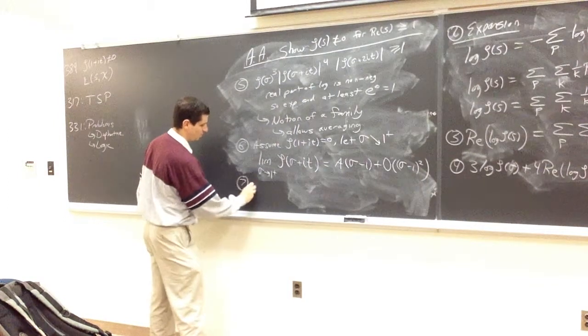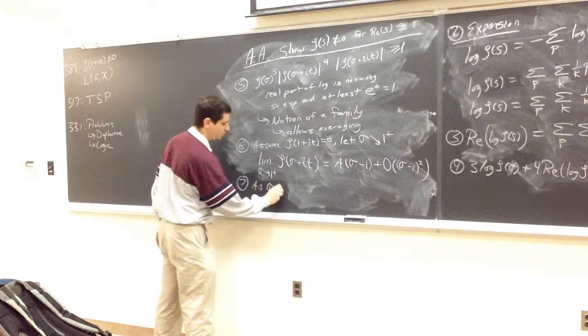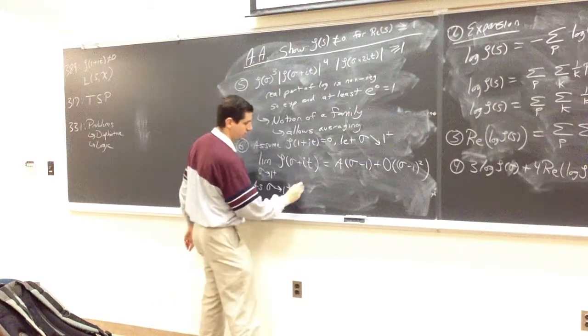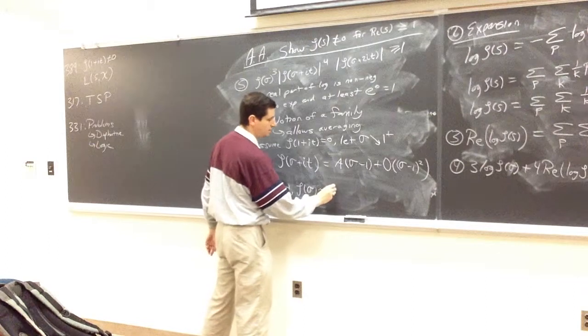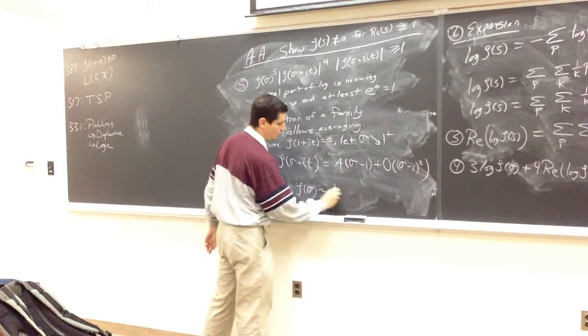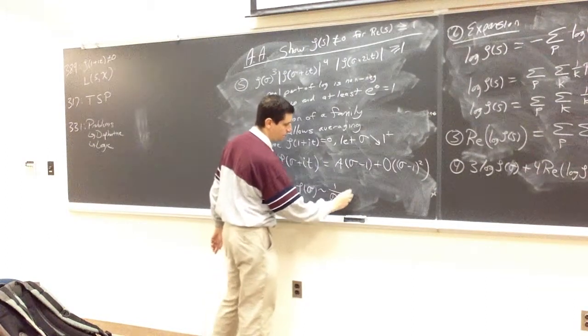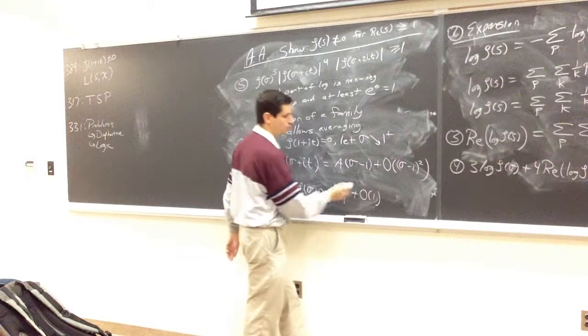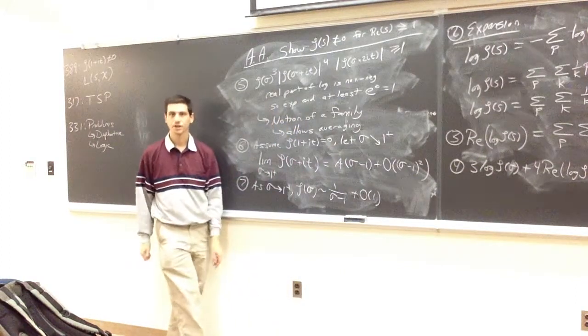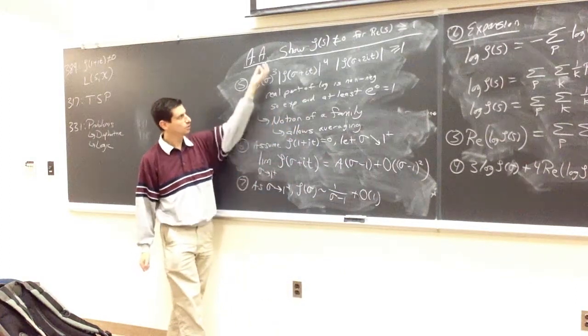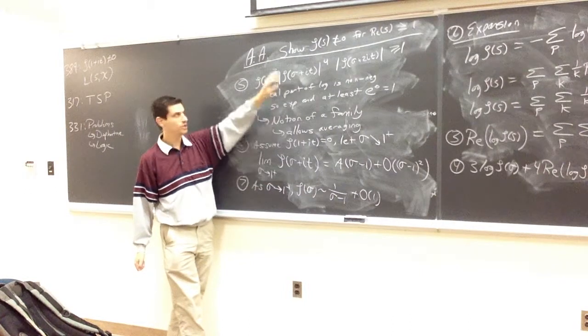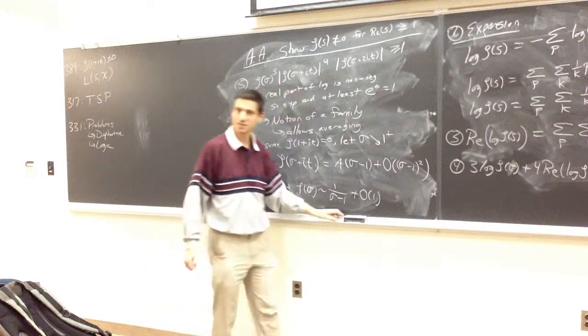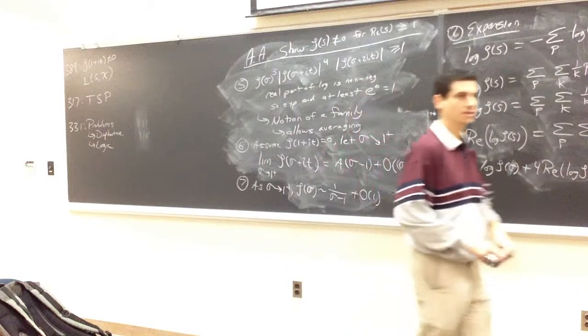As sigma goes to 1 from above, zeta of sigma looks like, well, actually we know what the constant is, it's 1: 1 over sigma minus 1 plus big O of 1. So the zeta function is looking like 1 over sigma minus 1, and we get that cubed. Over here, we have sigma minus 1 to the 4th. Yes? What's that A of sigma?